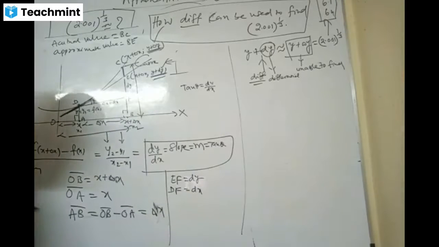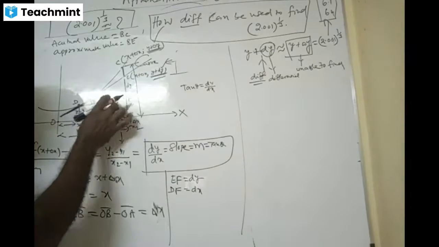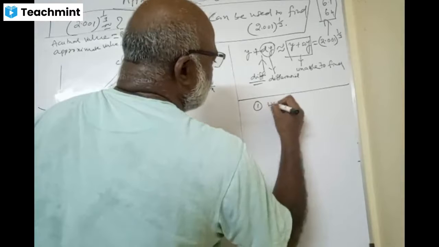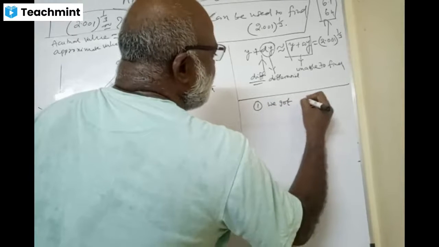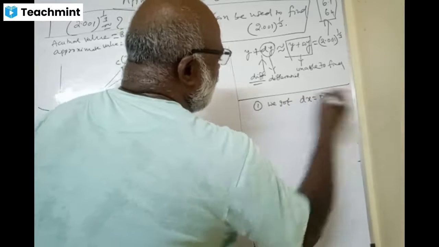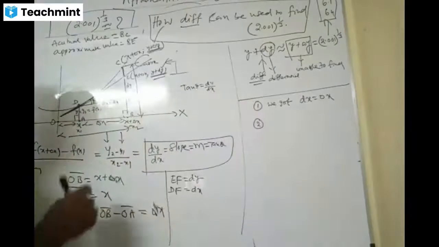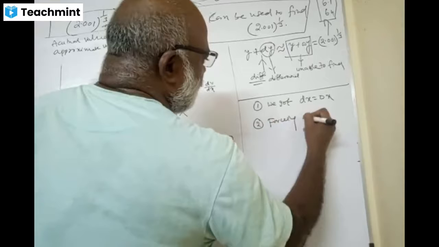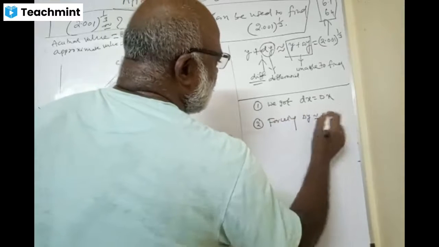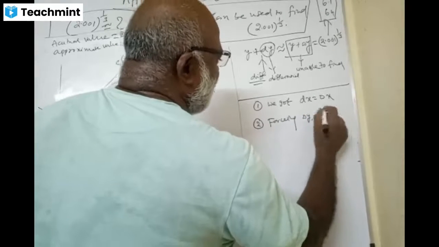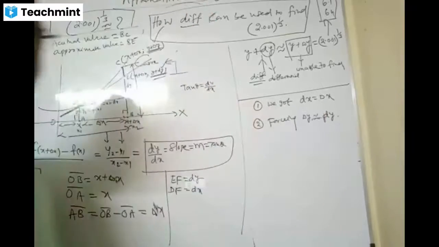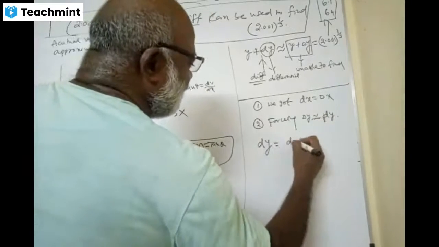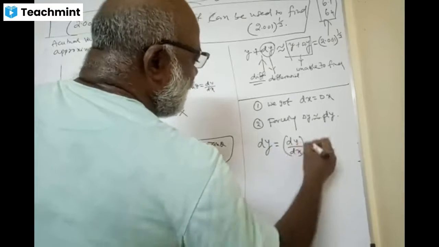Friends, one more thing, please. These are the two things we arrived at. Number 1, dx equals delta x. Number 2, we are approximating: delta y is approximately equal to dy. And dy is nothing but dy by dx into dx.